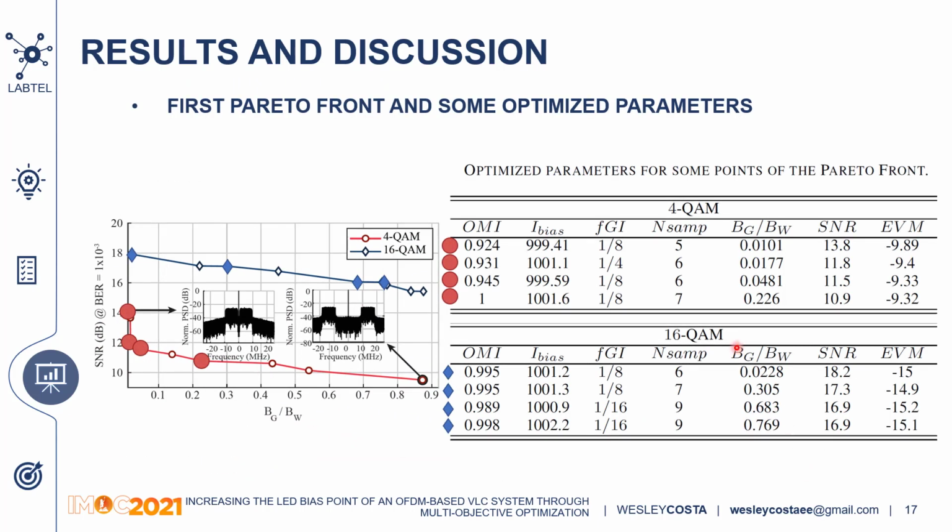This table shows the optimized parameters obtained by the first Pareto front. For 60 km, the SNR needed for a bit error rate of 10 to the minus 3 varies from 18 decibels for a guard band to bandwidth relation of 0.01 to 15.5 for a guard band to bandwidth relation of 0.87.